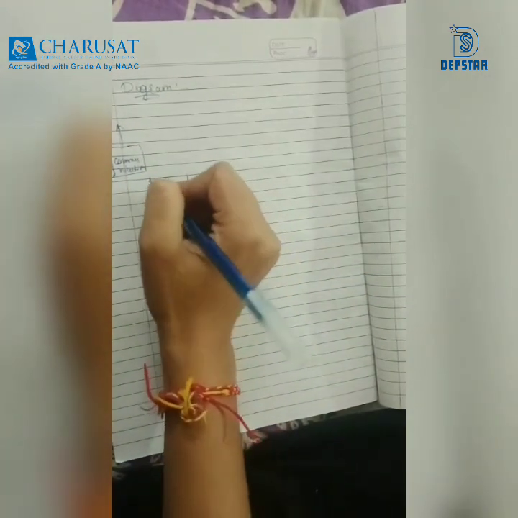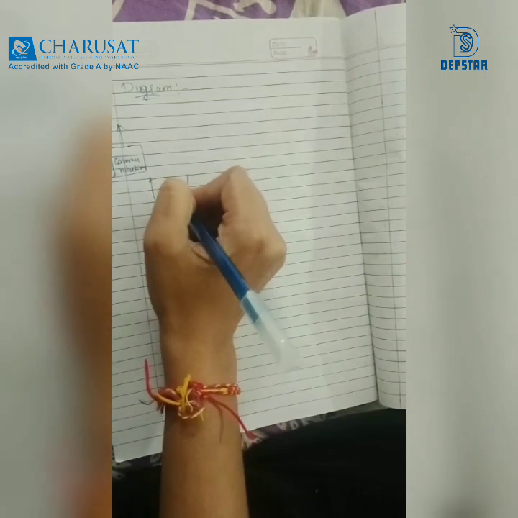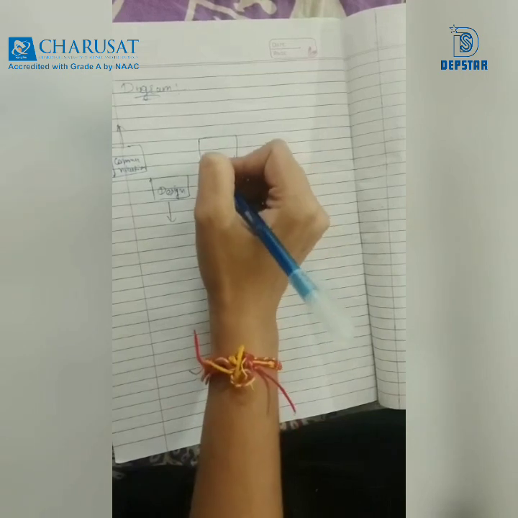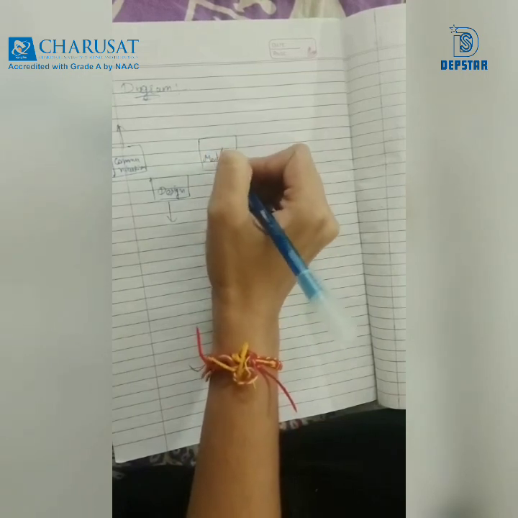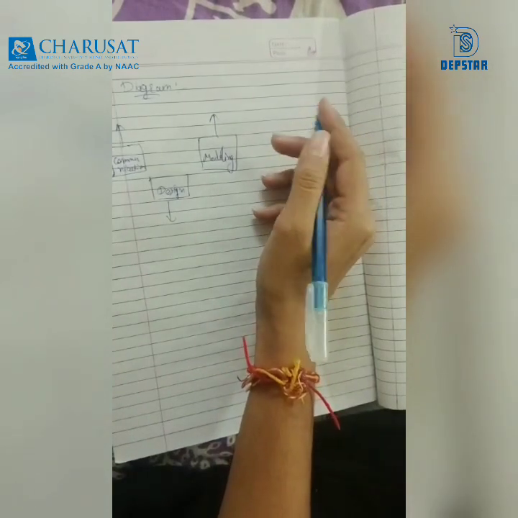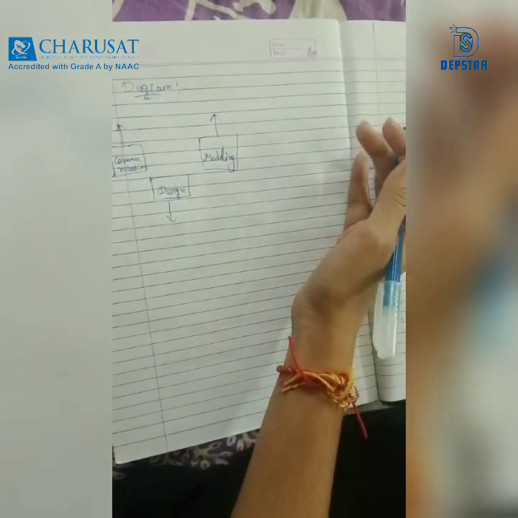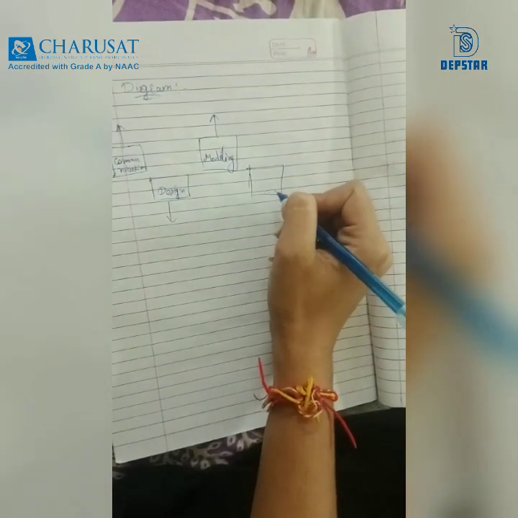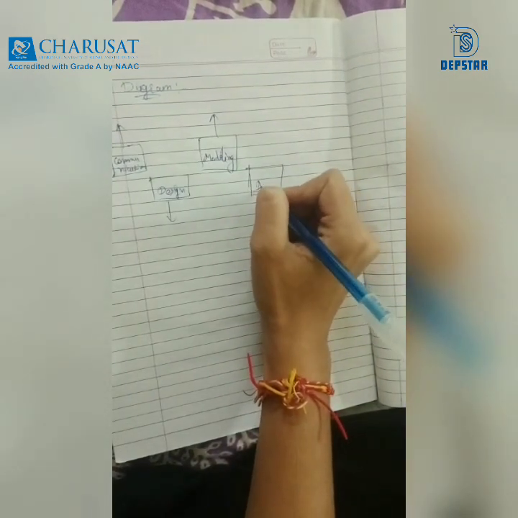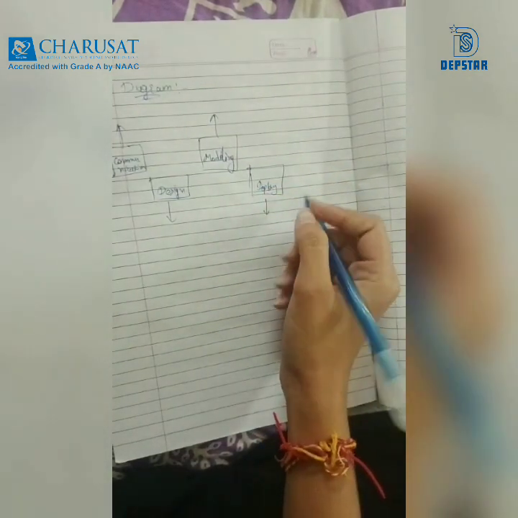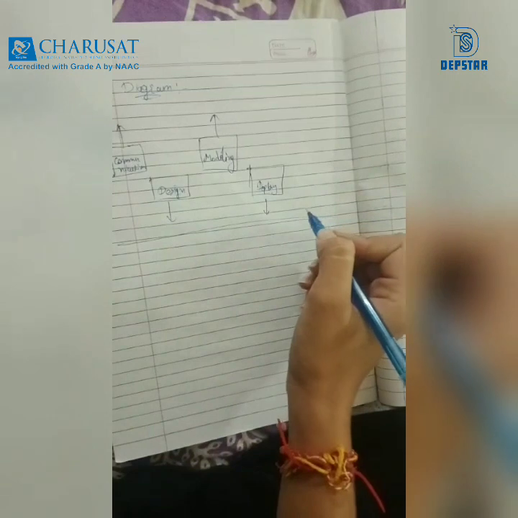Then we design the model as per the client's requirements. Then we make a prototype model of that gathered information, and then we deploy that to the user, and it is an iterative process.